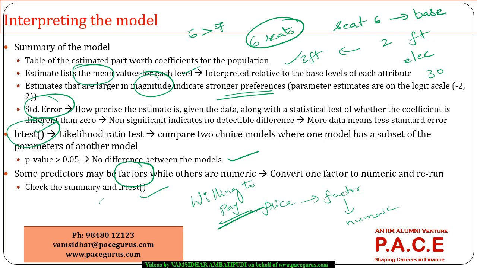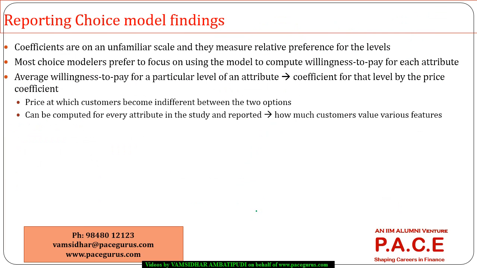That is one more thing we are trying to compute here, which we call willingness to pay. Coefficient reporting we have already talked about, but one more aspect I can compute is the willingness to pay. How much is the customer really willing to pay for a particular feature?